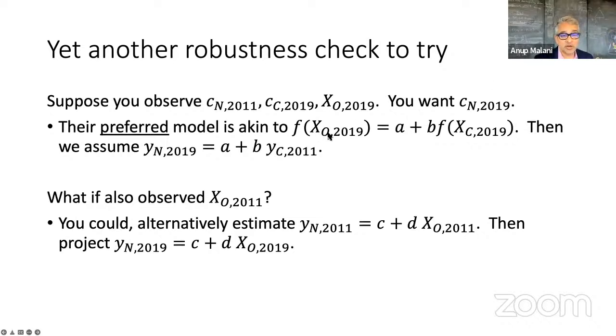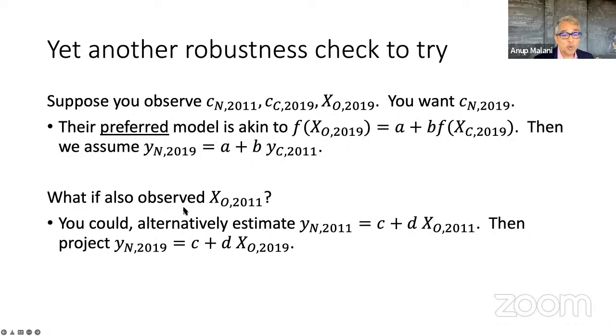You regress, using a function that maps this multidimensional X onto a scalar, the other data sets in 2019 against that same sort of variables in CPHS. Then we assume that consumption in NSS in 2019 has that same transformation as consumption in CPHS in 2011. This should actually say 2019 over here.